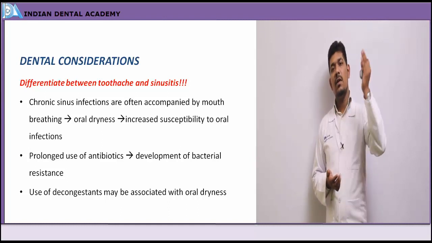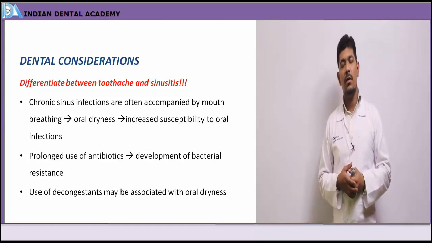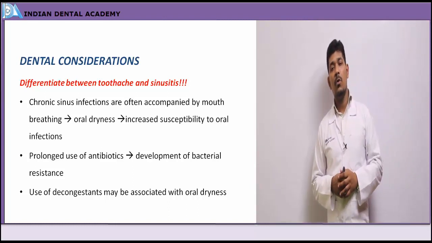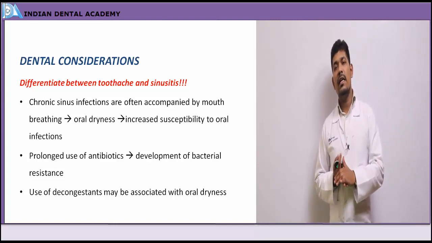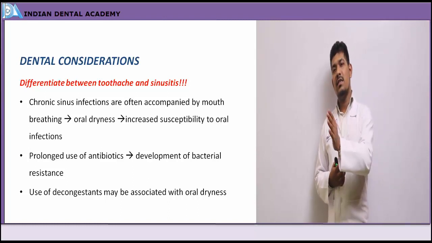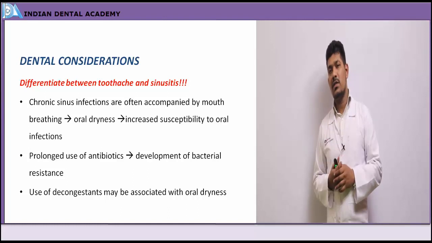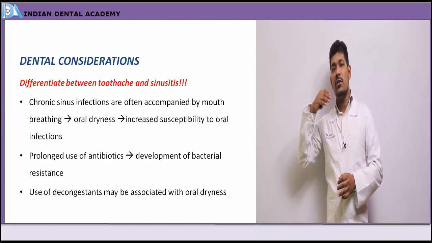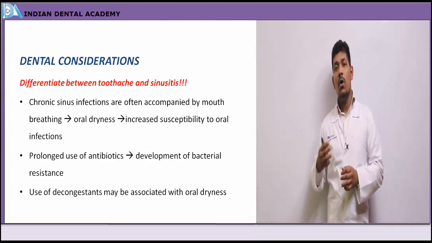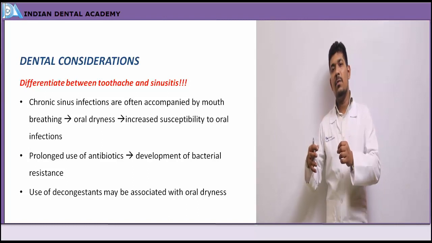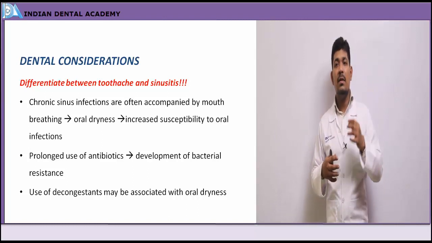So when a patient comes with a complaint of pain in his right or left upper molars, most commonly the dentist associates it with a normal tooth pain and suggests an RCT or extraction, which is the wrong line of treatment, since the pain is not originating from the tooth itself, but is simply reflecting the inflammation or infection present in the maxillary sinus.